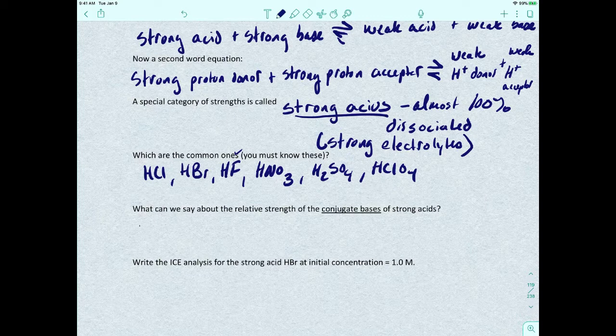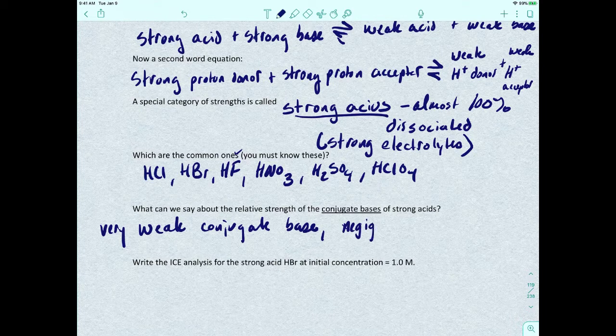If you have a strong acid, then you're going to have a very weak conjugate base. What do I mean by a very weak conjugate base? It's going to have negligible capability to accept a proton.